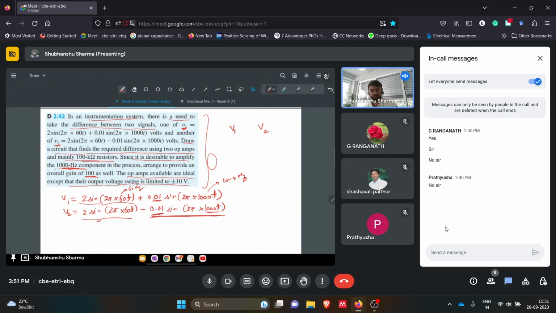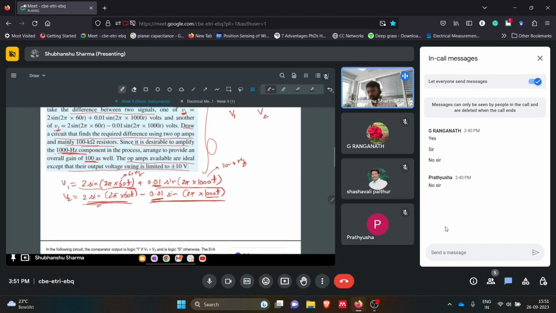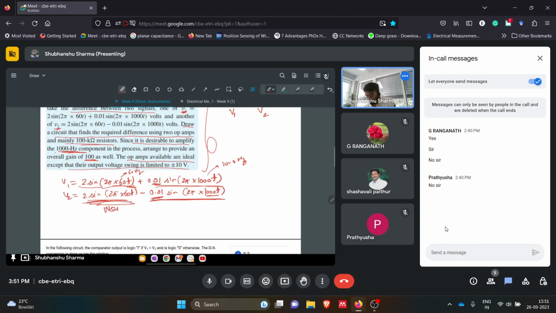It's very small, maybe coming from some sensors, but because of these power lines or the supplies we use, they have a 60 hertz component. That's why this noise component is attached to the signal we need to measure. This is noise, and this is the sensor signal which we want. So we will use some configuration of op amp to realize the difference of V1 and V2 while avoiding this noise. How can we do that?